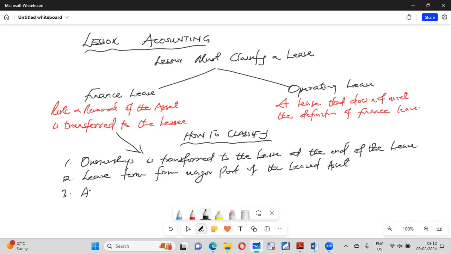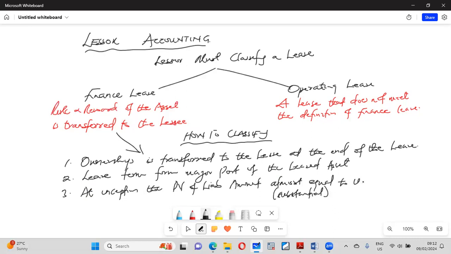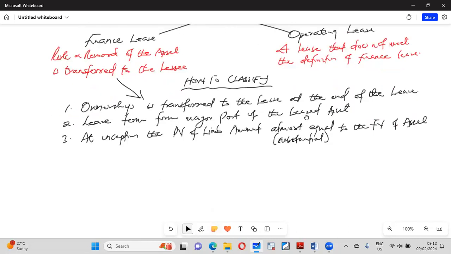So if at inception, the present value of the liability, which also is the value that goes to the right of use, is almost equal, or substantial, to the fair value of the leased asset, then it means that you are looking at a finance lease.